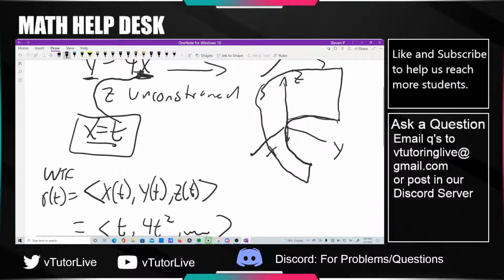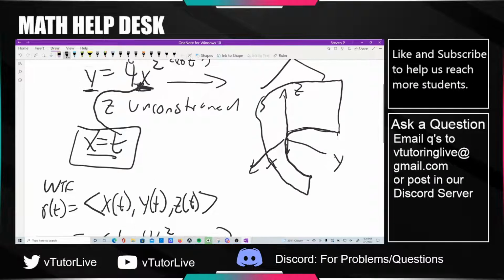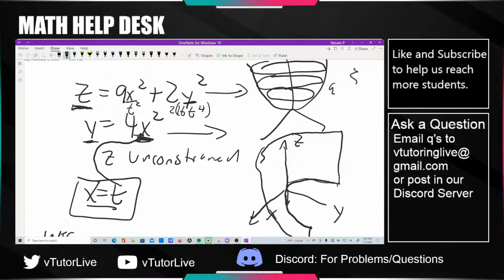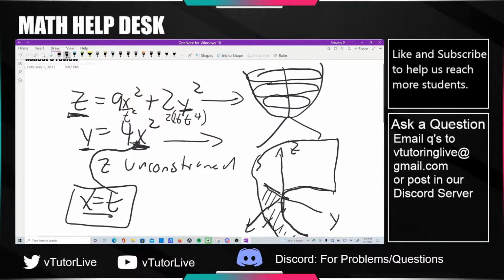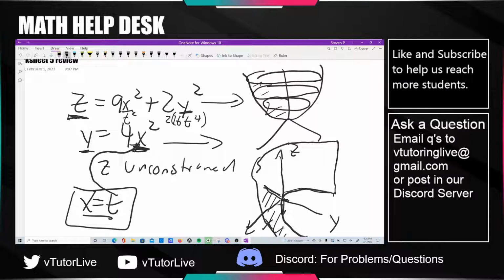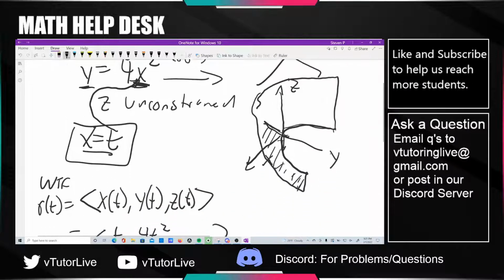What that means, if you look at the paraboloid and the parabolic cylinder, is that if I use the t squared parametrization, I think only the positive parts are going to be mappable. There might be more constraints, but that's sort of what it's asking you to do.